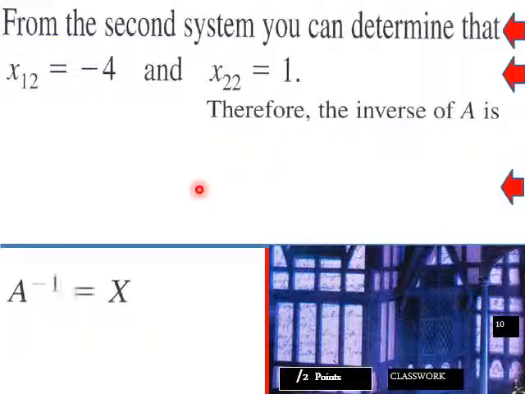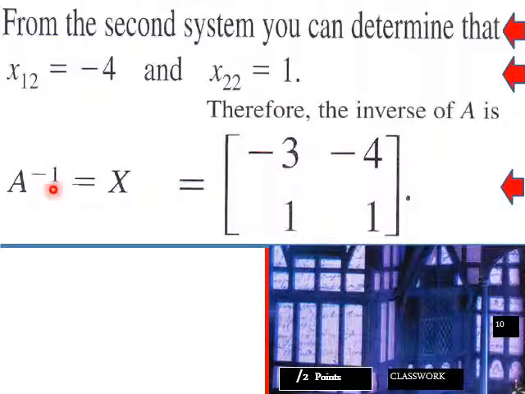Therefore, the inverse of A equals X, which will equal -3, -4, and then 1 and 1. That would be your inverse there, where row 1, column 2 is -4, and row 2, column 2 is 1.